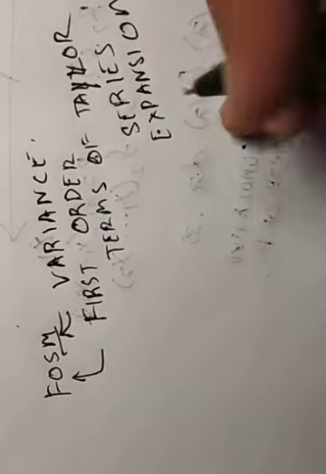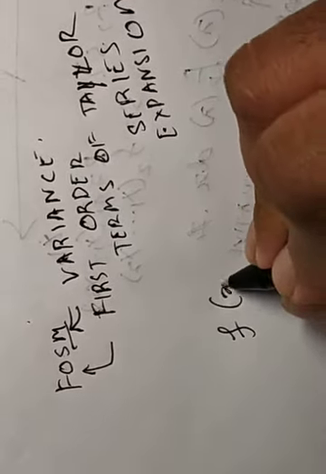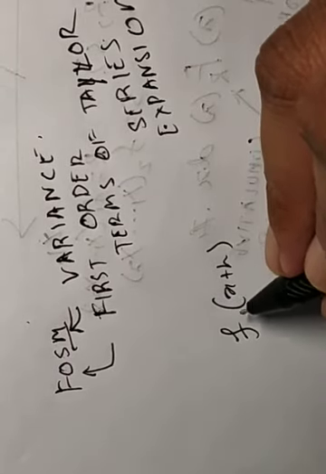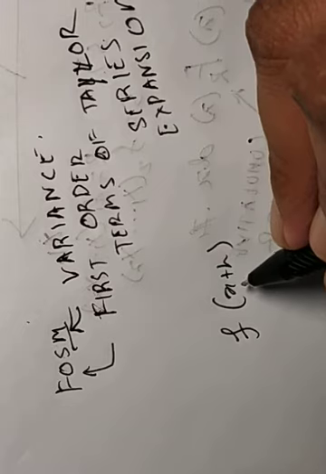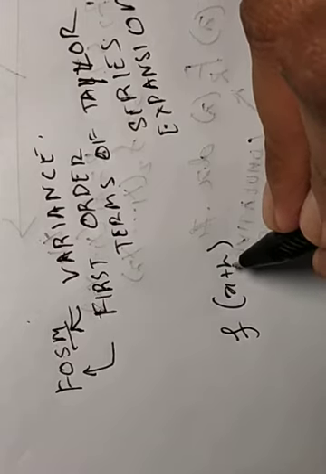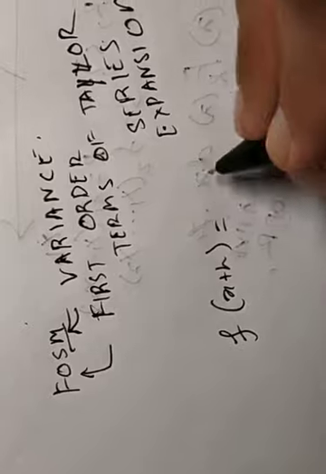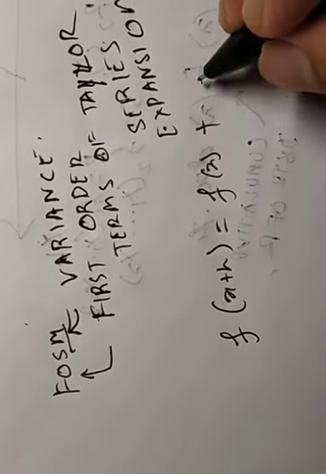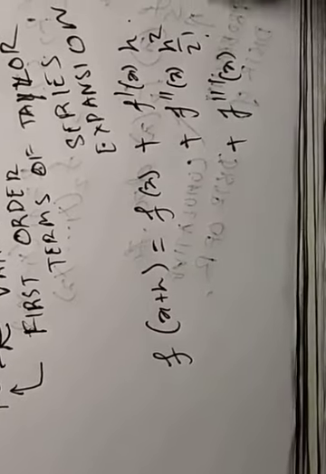If you remember, the Taylor series expansion says that f of x plus h, which means the value of the function f at a neighboring point very close to x, is going to be f of x plus f dash x times h, plus f double dash x times h square by 2 factorial, plus f triple dash x times h cube by 3 factorial, and so on and so forth.